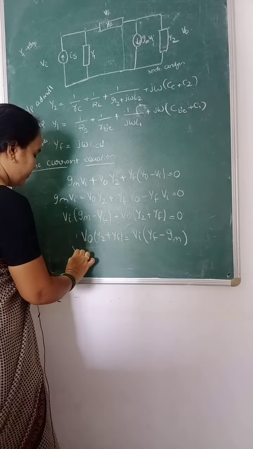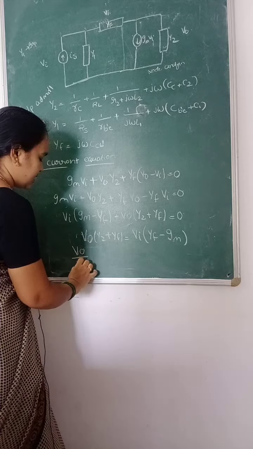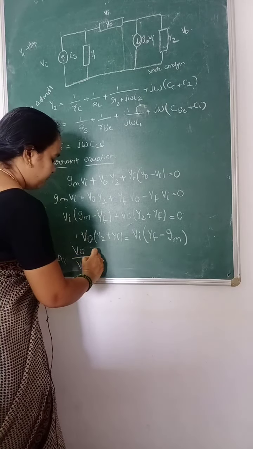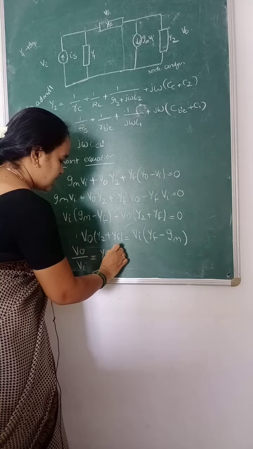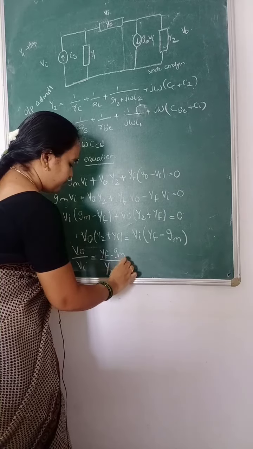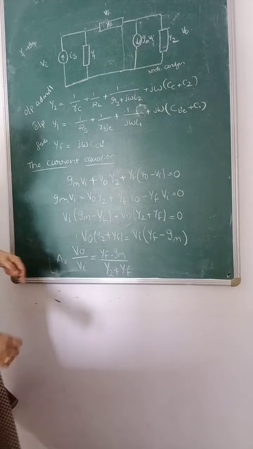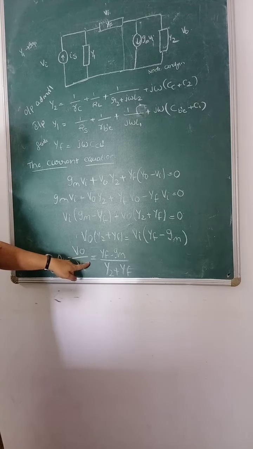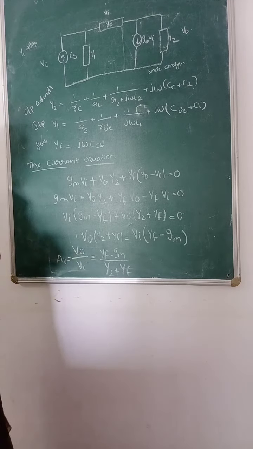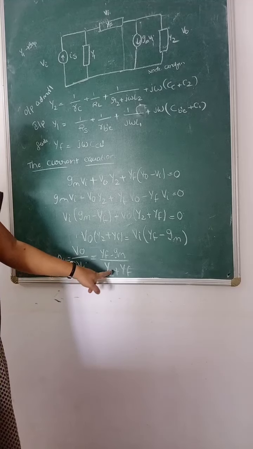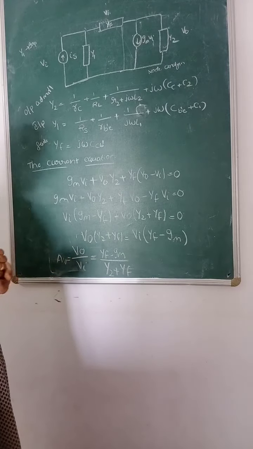Then V0 by Vi, that is voltage gain AV, is equal to Yf minus Gm by Y2 plus Yf. Voltage gain is equal to V0 by Vi is equal to Yf minus Gm by Y2 plus Yf, where Y2 is the output admittance and Yf is the feedback admittance.